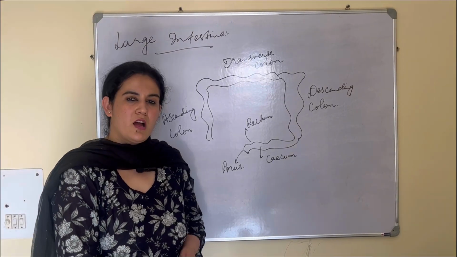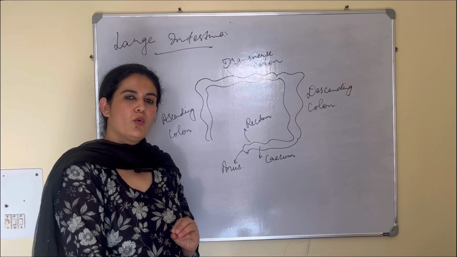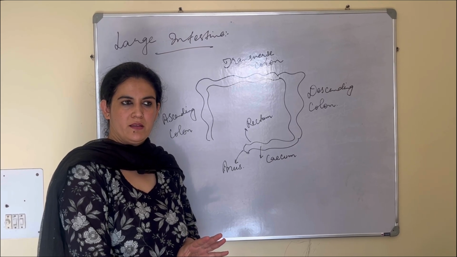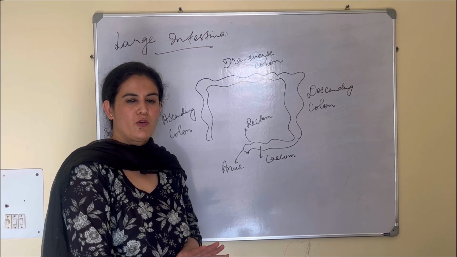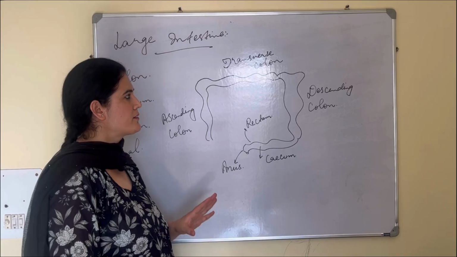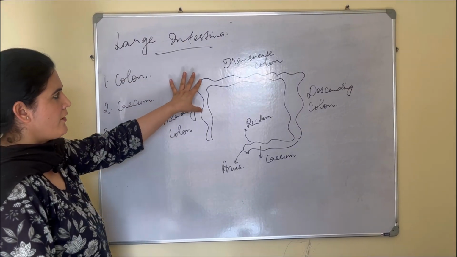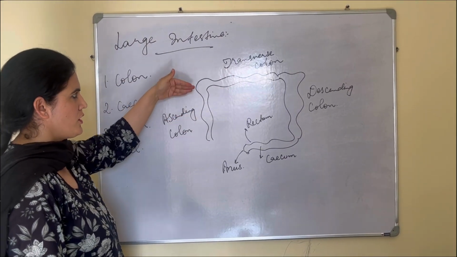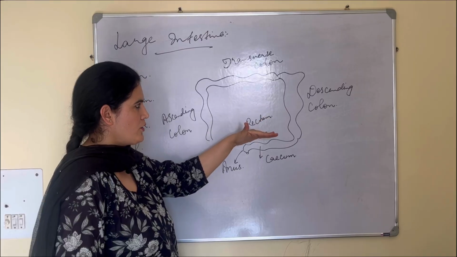In the large intestine, basically no digestion of food takes place. Here maximum absorption of water and salts takes place. So here we have the colon part: ascending colon, transverse colon, and descending colon.